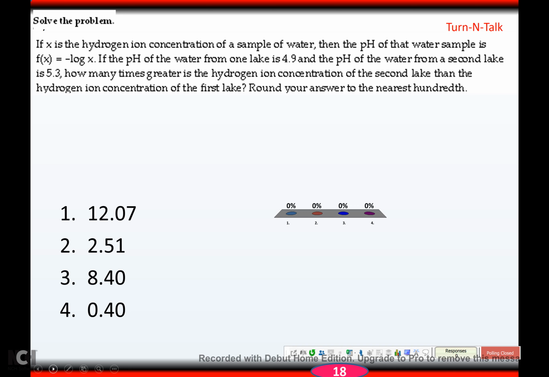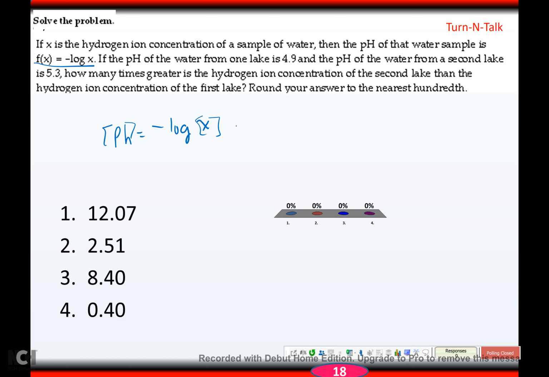It says if X is the hydrogen ion concentration of a sample of water, then the pH of that water sample is, again, my negative log of X. They're just saying that this side represents the pH, and this represents the hydrogen ion concentration.